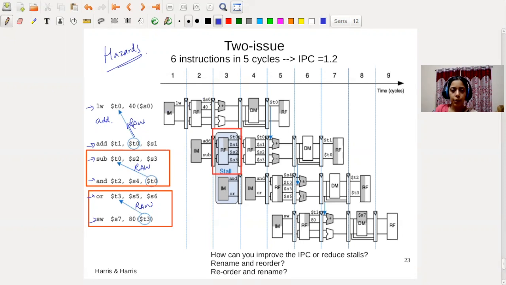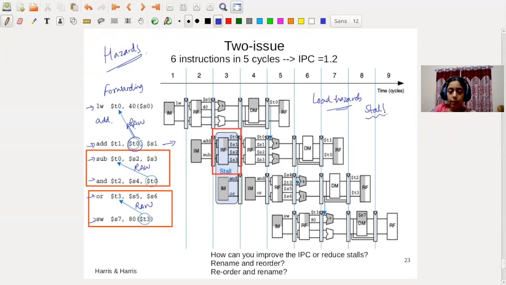And you cannot, of course, start reading T0 in the same cycle as you would normally do. In fact, you cannot even postpone it by just one cycle, because even in spite of having the forwarding option, you still need a stall. These are called load hazards, if you remember. So even if you were to do forwarding, you still need to have one stall after a load, even in a single stage pipeline with a single issue processor.